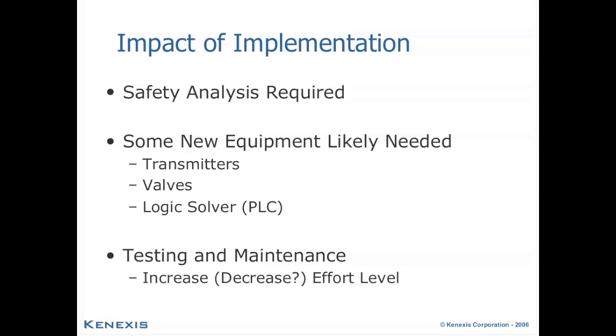There will be some assessment and requirements in terms of maintenance and testing to ensure that those safety systems can meet the safety integrity level targets that have been specified, and often it results in an increase in level of effort, but in some cases it actually might result in a decrease in level of effort, where systems are heretofore being tested at an arbitrarily frequent basis rather than a frequency that has a good basis in terms of the safety of the system being achieved to a desired level of safety integrity.